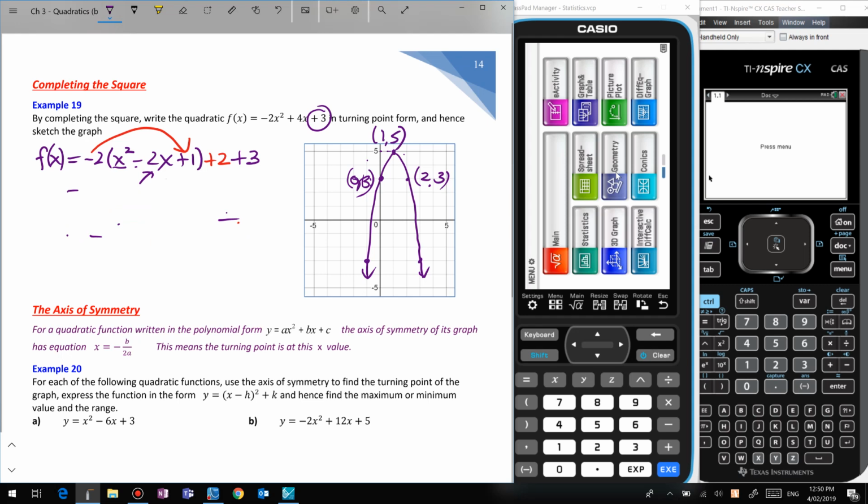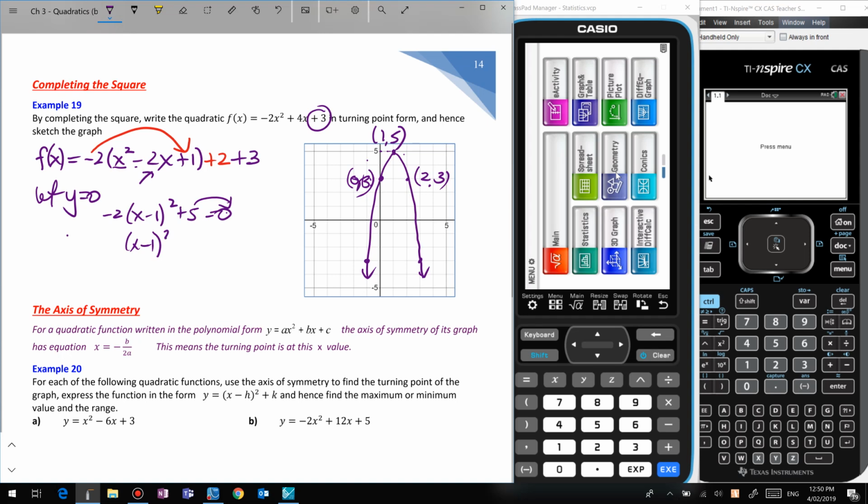Just going to move this out of the way. Okay. So if we let y equal 0, we get negative 2 (x minus 1) squared plus 5 is 0. Bring your 5 to the other side and divide it by negative 2.